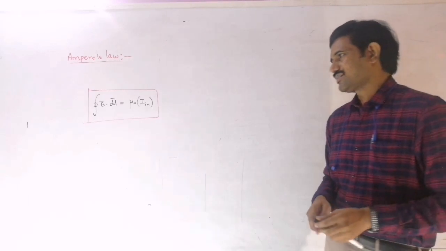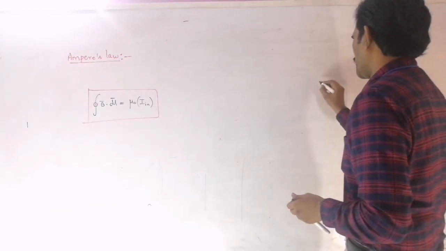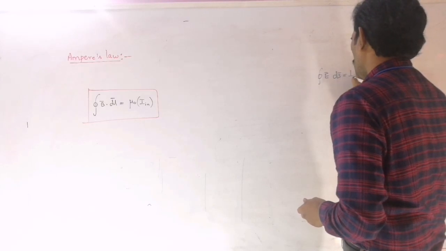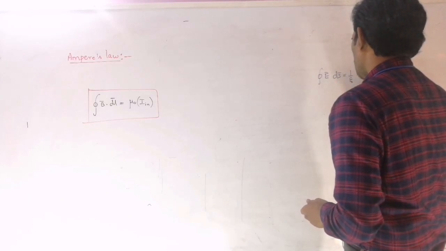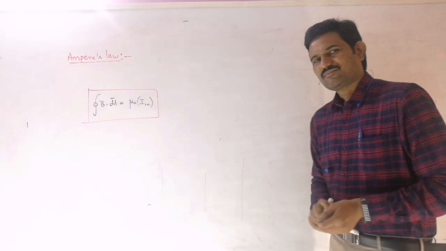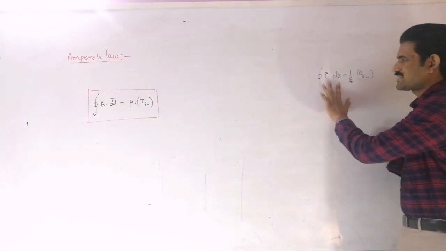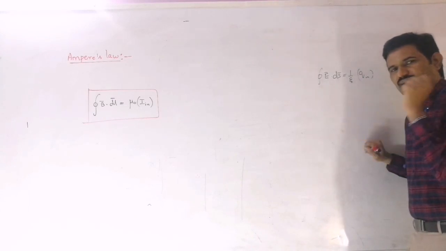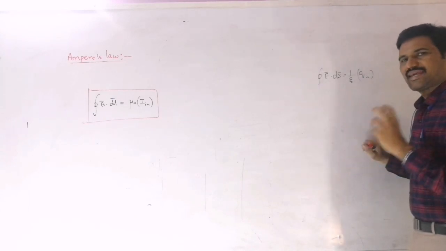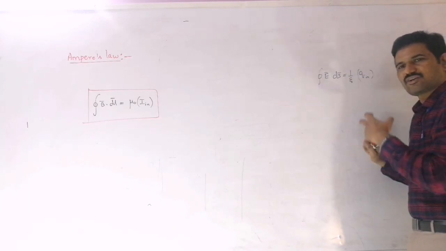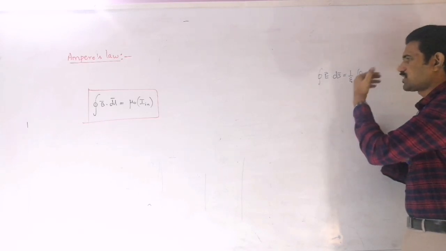In case of Gauss law, what we express is integral of E bar dot ds bar is equal to 1 by epsilon naught times the charge enclosed, or Qn. For this integral of E bar dot ds bar there is a certain name, what we call electric flux. So the electric flux passing through the given closed surface is equal to 1 by epsilon naught times the charge enclosed.